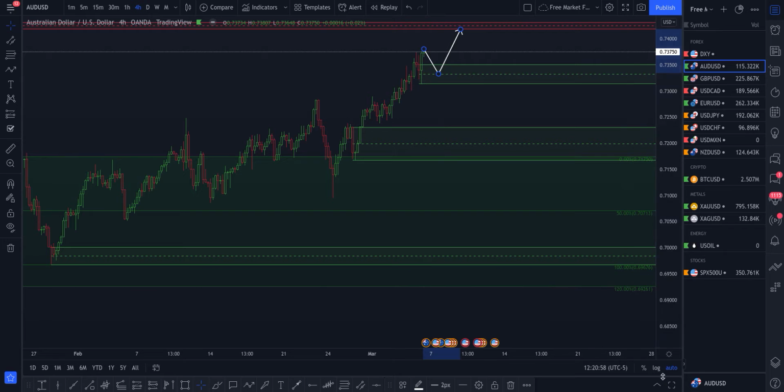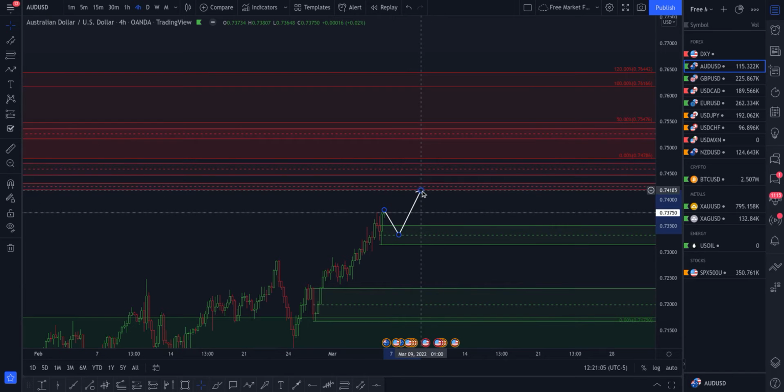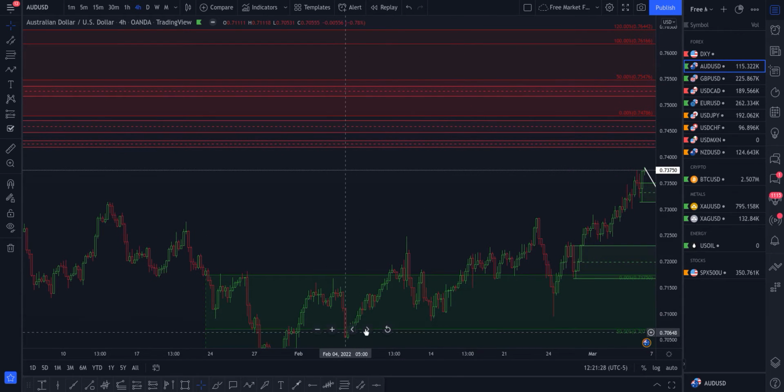We do have 4 hour supply up here, and we will be approaching this institutional demand area as well. It's a pretty large institutional demand area. So we definitely have some targets for us to take this upward. I don't know how long this will go up, but we are on a 4 hour uptrend.